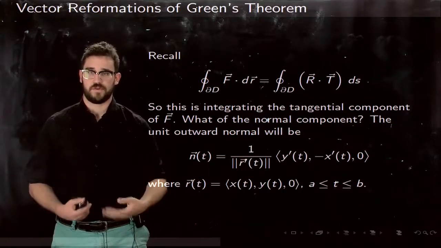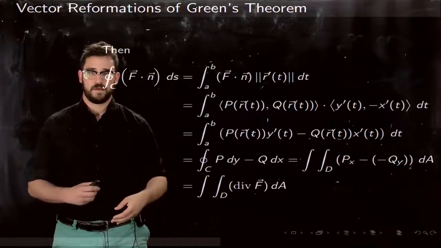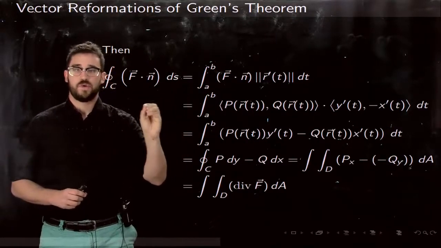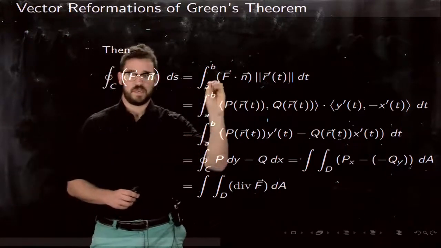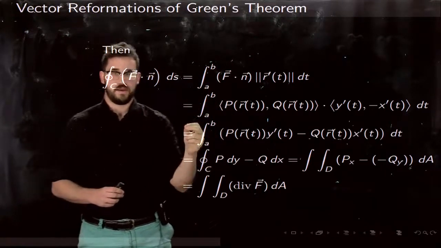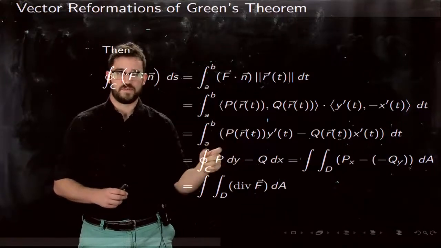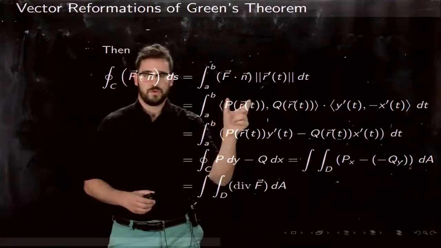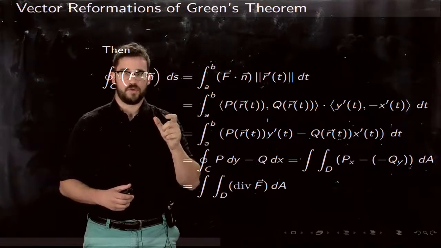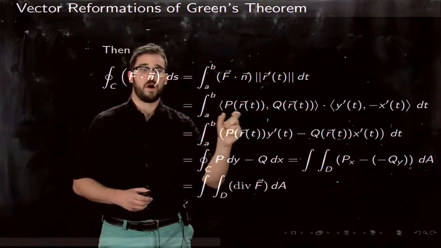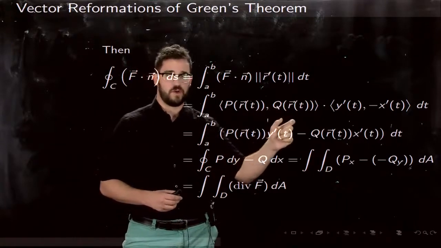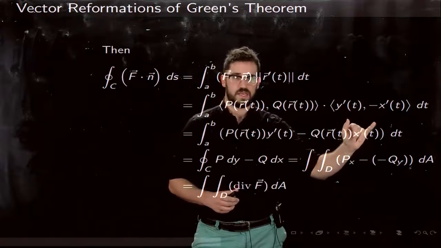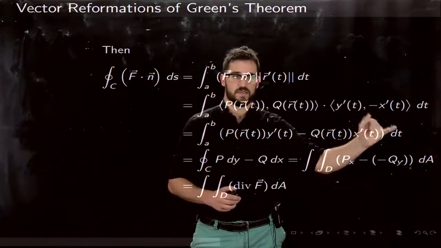So let's do another reformulation of Green's theorem. So we have our F dot n ds, right? Which we know is the integral from a to b of F dot n times the magnitude of r prime of t dt. Okay? Now, using our substitution that we found, we have our P of r of t, comma, Q of r of t, dot our y prime of t, negative x prime of t, dt.